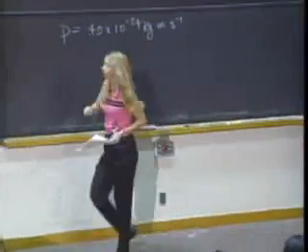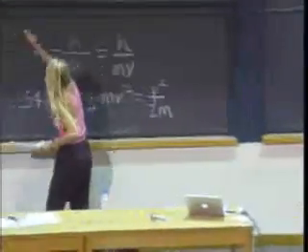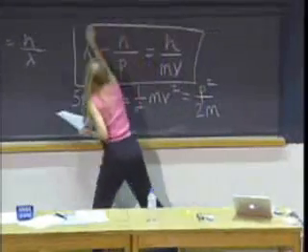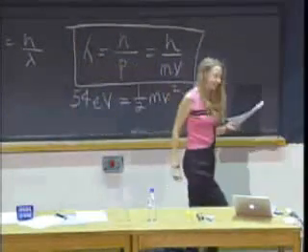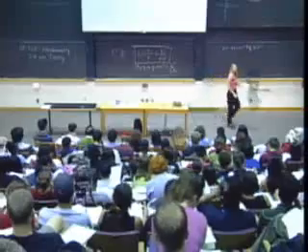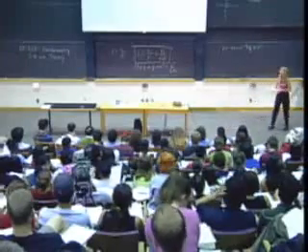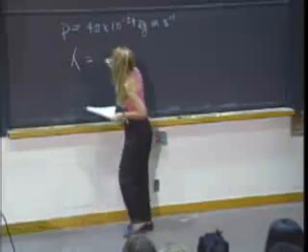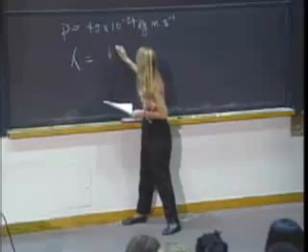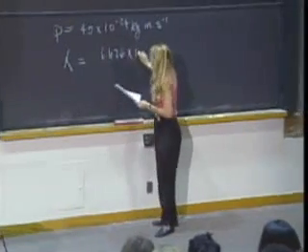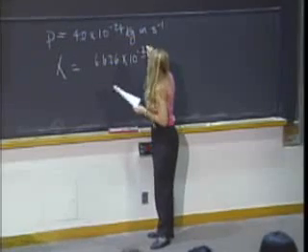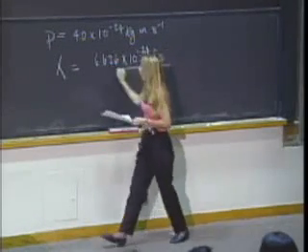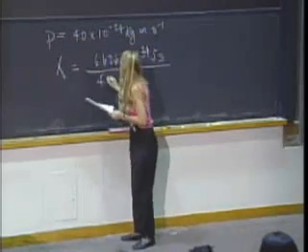And now we can use de Broglie's wavelength here, that expression that he had gotten out of Einstein's relativistic equations of motion, to solve for lambda. So that's h, 6.626 times 10 to the minus 34 joule seconds, over the momentum.